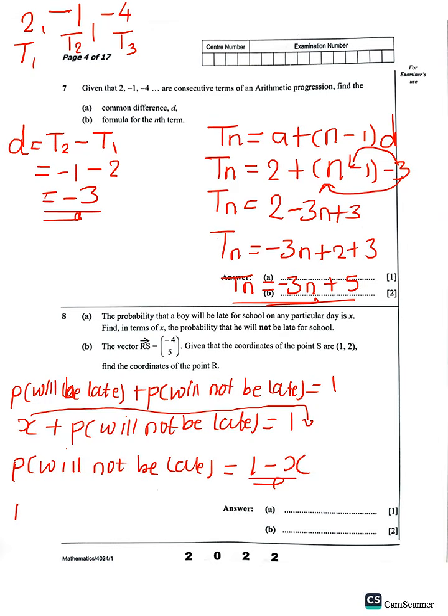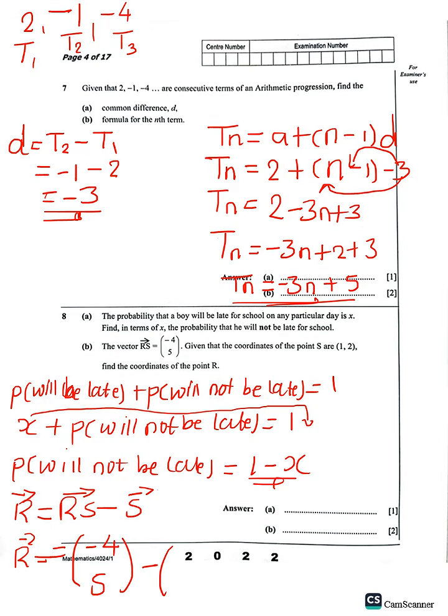So just say R is equal to the vector RS minus the vector S. So our R is equal to -4, 5 minus our S, which is 1 and 2.